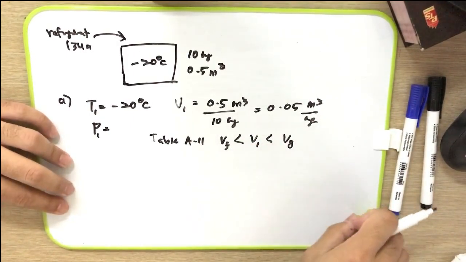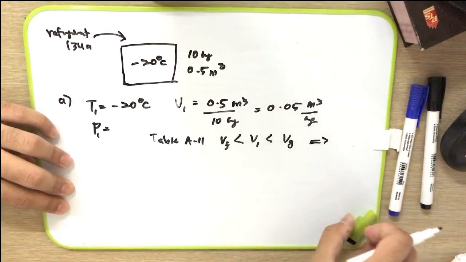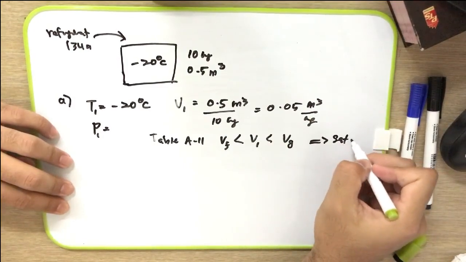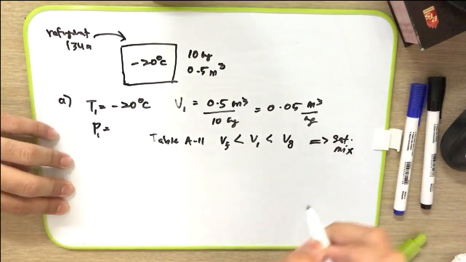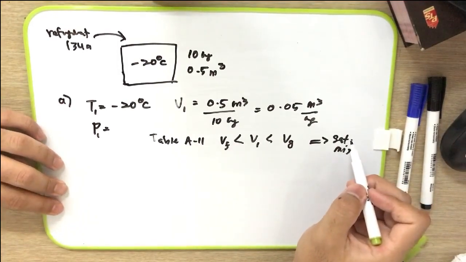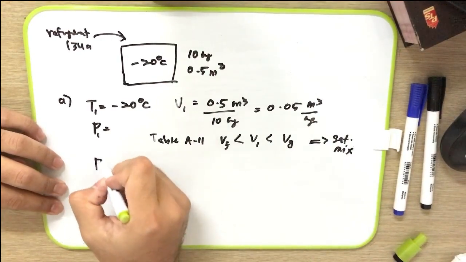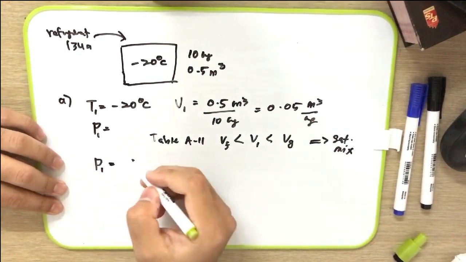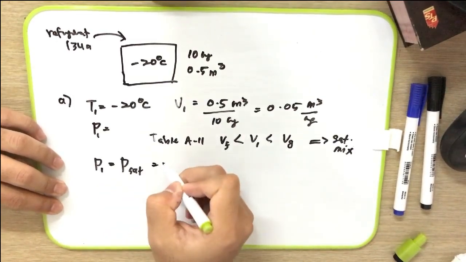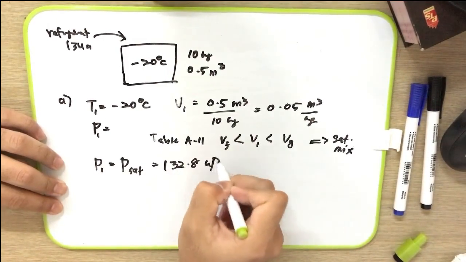So according to the phase condition, when it is between, the phase is saturated mixture. When it is saturated, we can just directly get the pressure here. So P1 we can just get from the P saturated, which is 132.8 kilopascal.